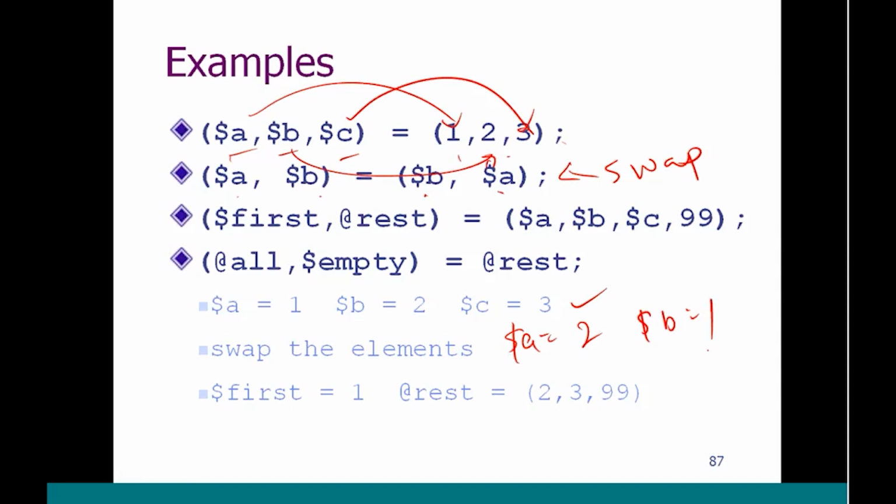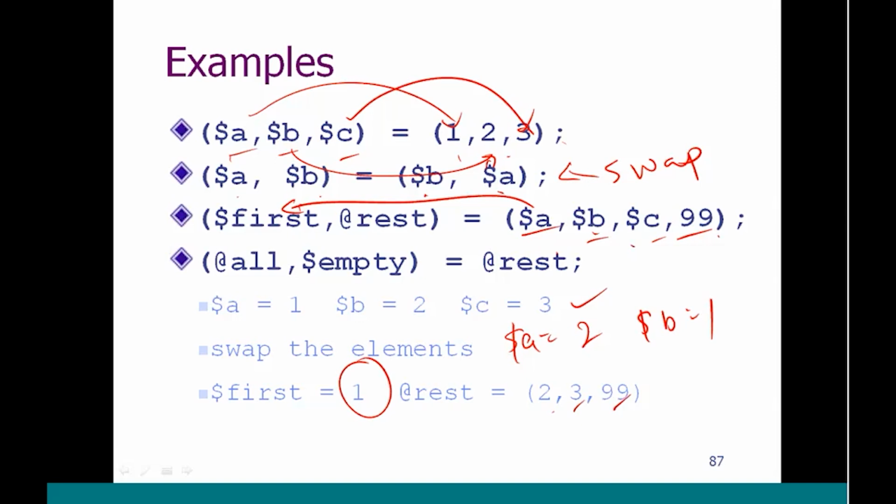Now let's look at this. The $first and the @rest is $A, $B, $C, and 99. So whatever is first gets assigned to $first. In this array it's 1, so it gets 1, and then the rest is $B, $C, and 99, which is 2, 3, and 99.